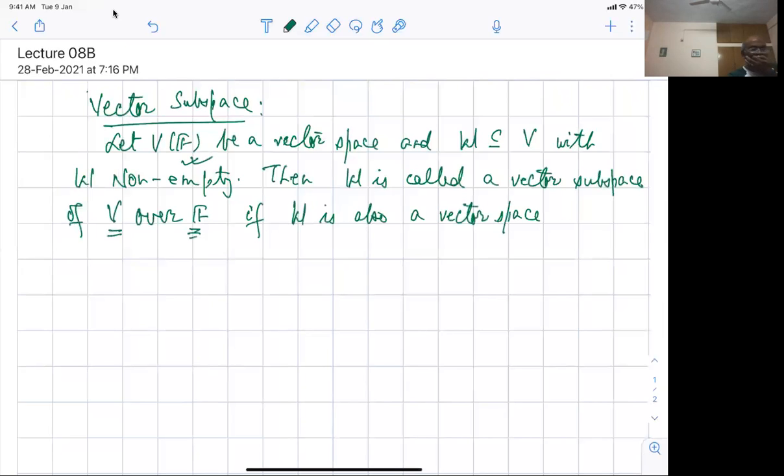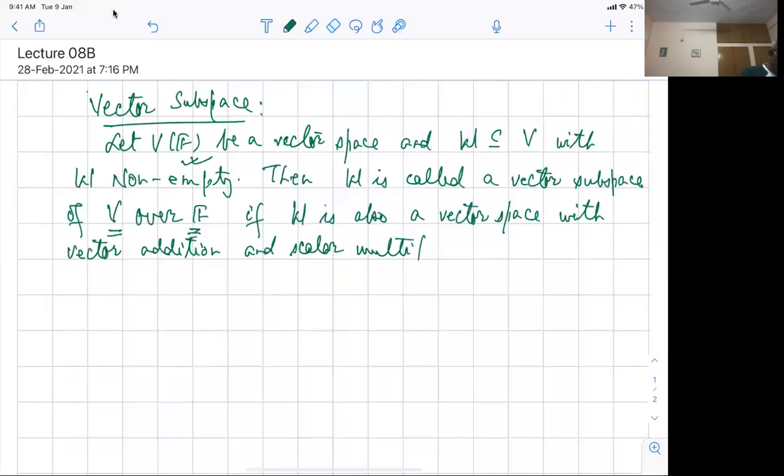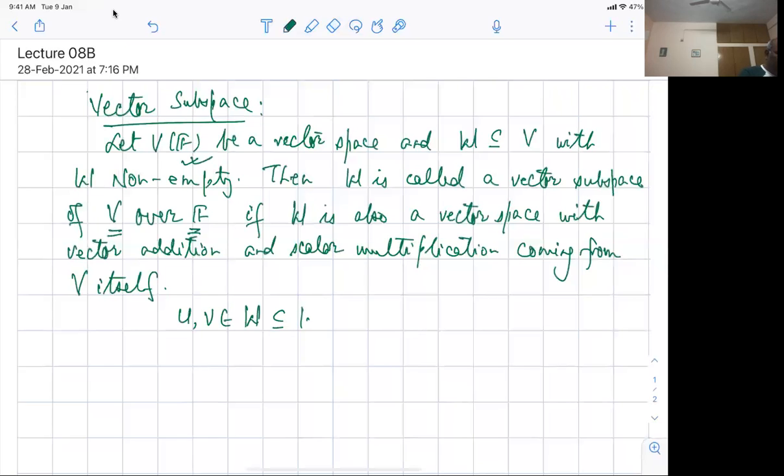But I'm not allowed to change the vector addition and scalar multiplication, with vector addition and scalar multiplication inherited from V or coming from V itself. So what we are saying is that I have two elements U and V belonging to capital W. This is a subset of V. Fine.